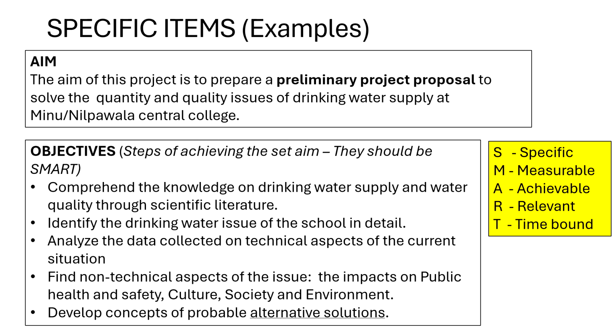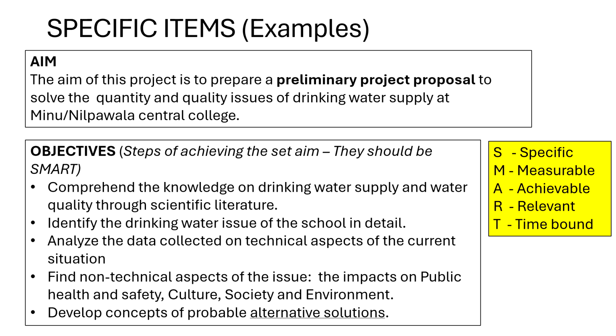All this will be covered in the next lecture, how to do the situation analysis. Also you have to find non-technical aspects of the issue, the impacts on public health, safety, culture, society, and environment. And then finally, you develop concepts of probable alternative solutions.